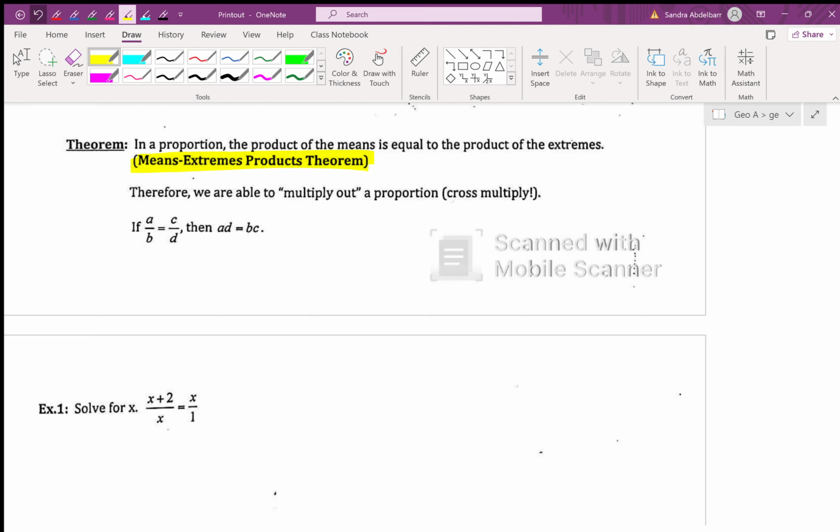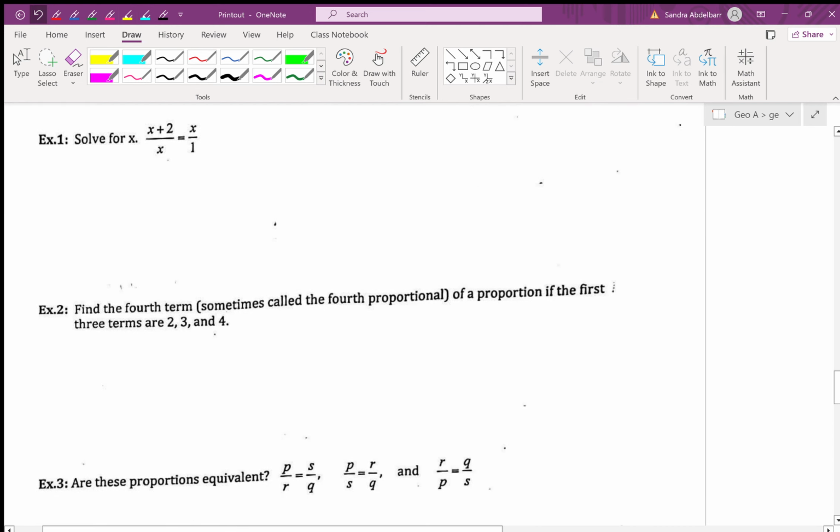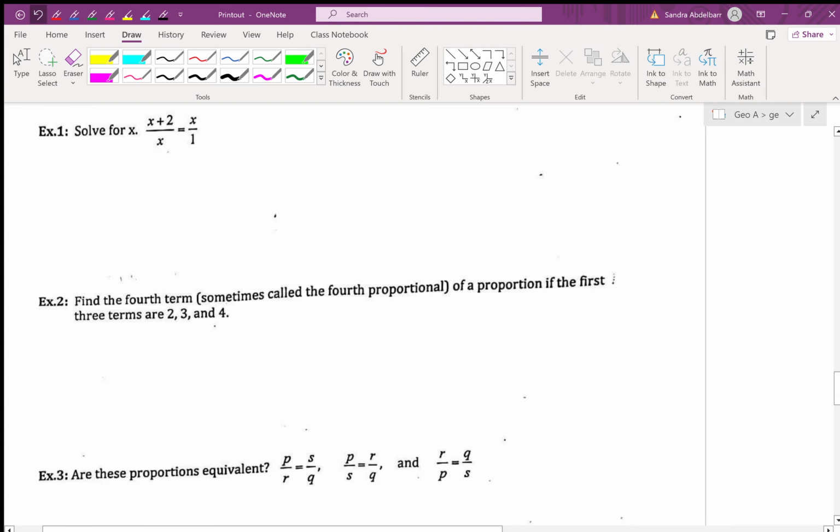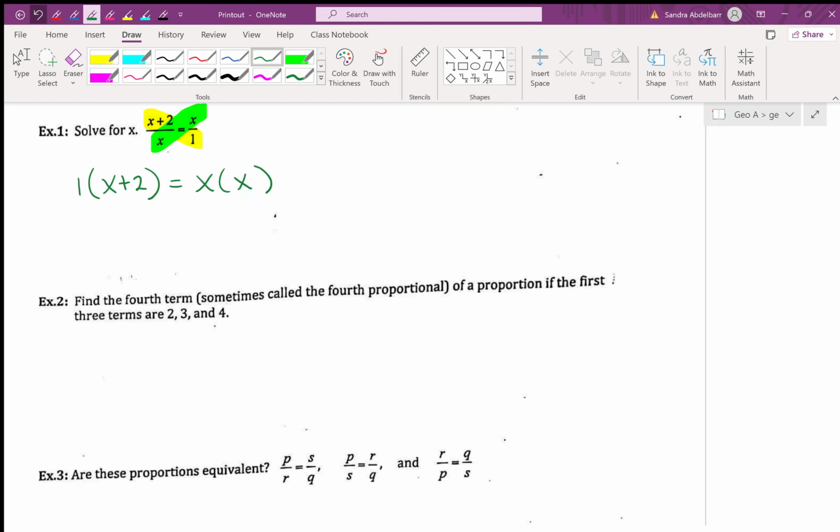All right, are we ready to do some problems now? All right, so example 1. It says solve for x. Do we all agree that this is a proportion? Yeah, and what are you allowed to do with proportions? We are allowed to cross multiply. So when we cross multiply, I'm going to get 1 times the quantity of x plus 2 is equal to x times x.